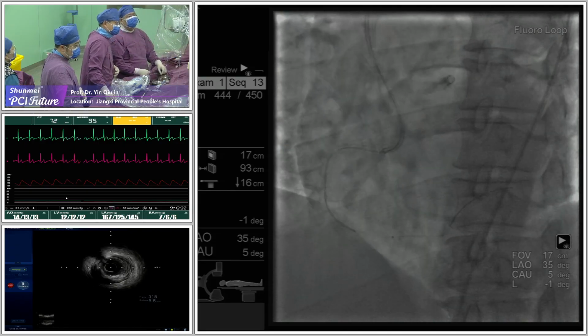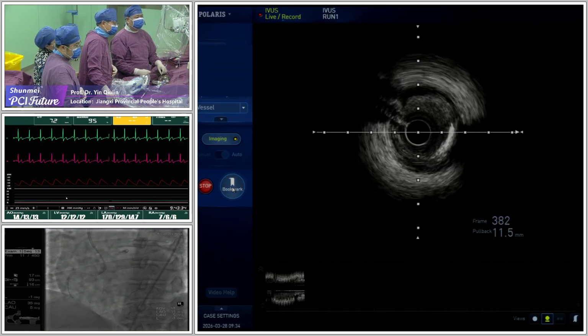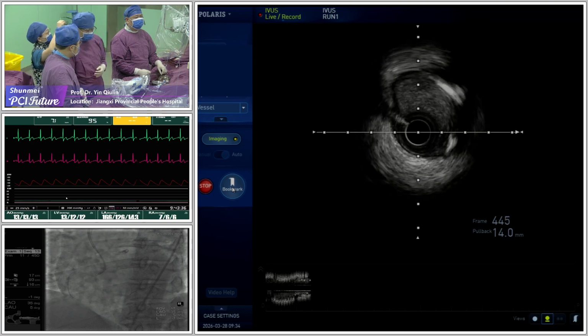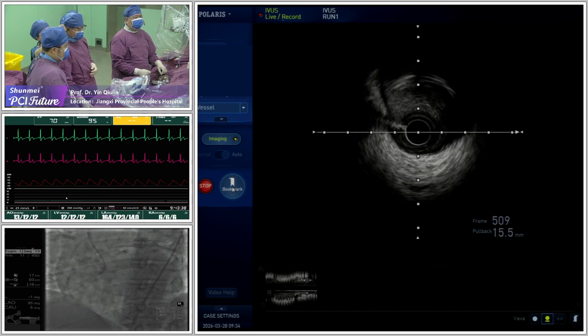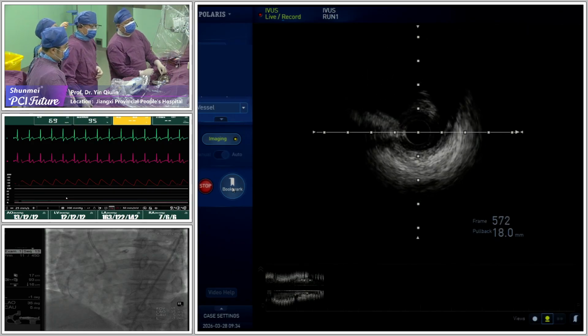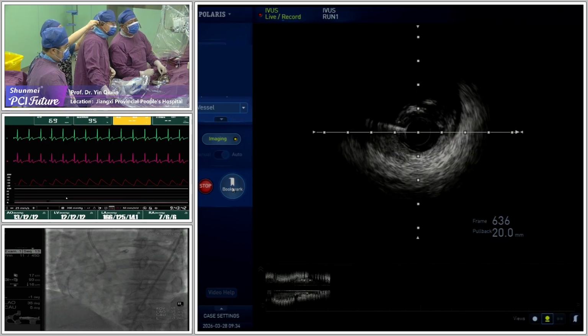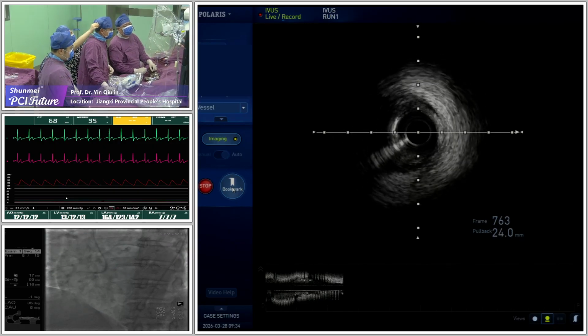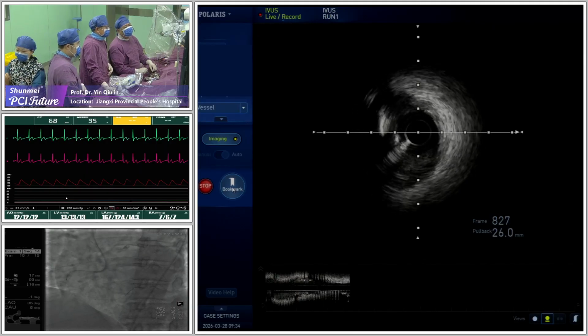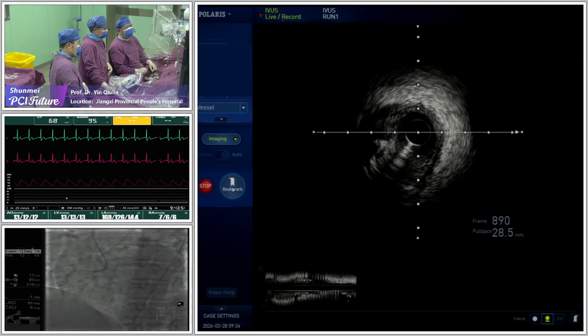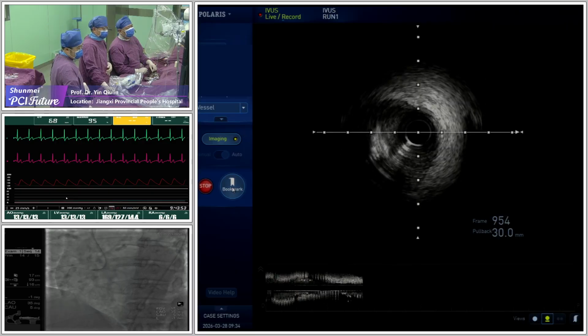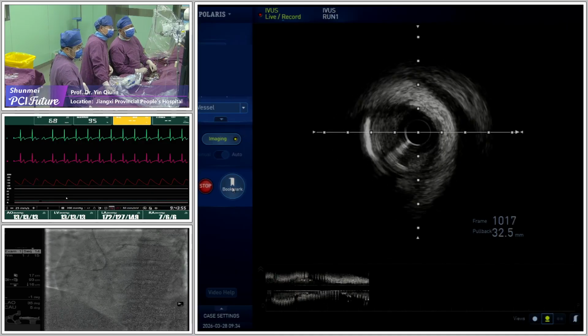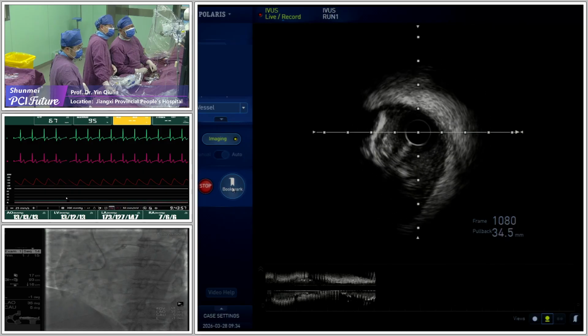I reviewed the angio from several days ago, so I'm sure the entry point is just by the bifurcation of the septal. You can see some blunt entry point. So I'm sure here is an antegrade entry point.